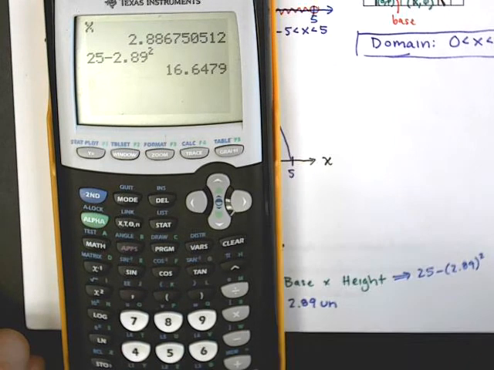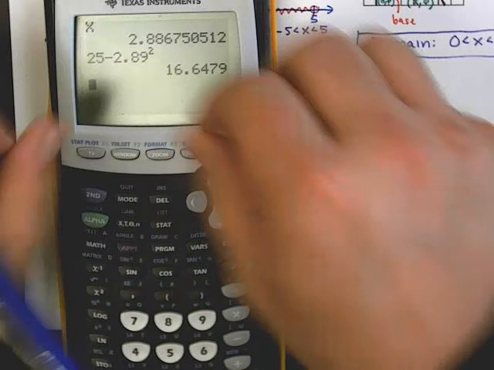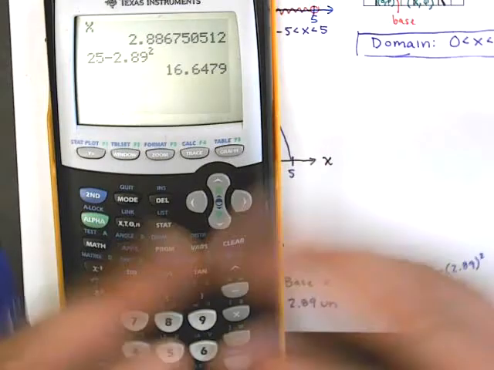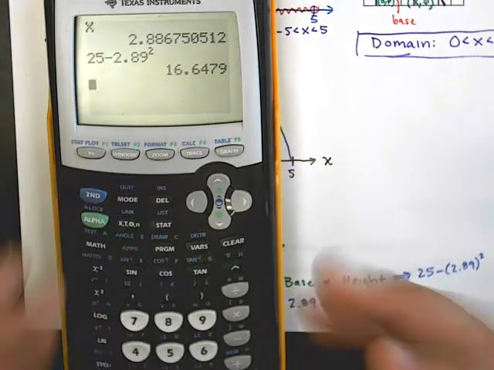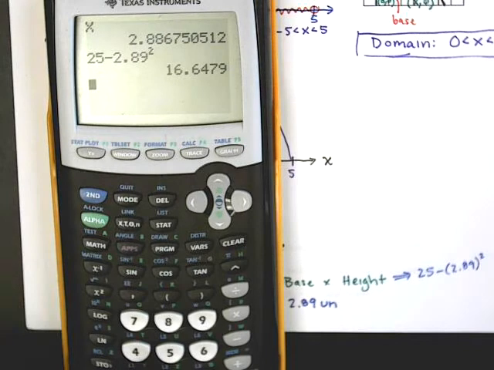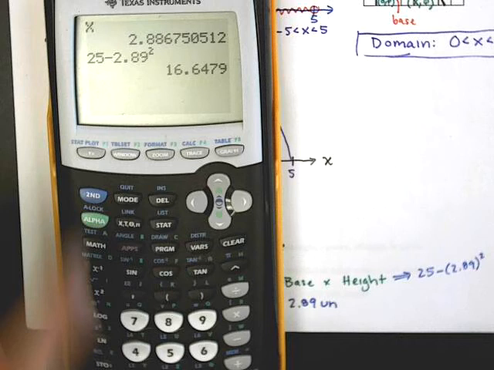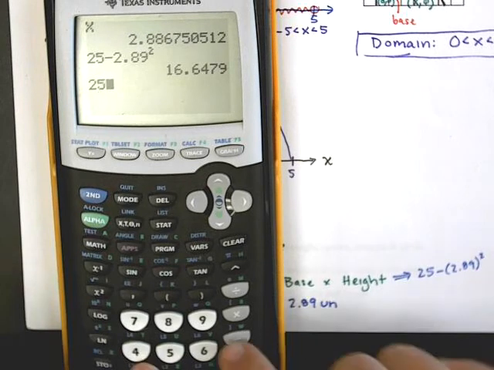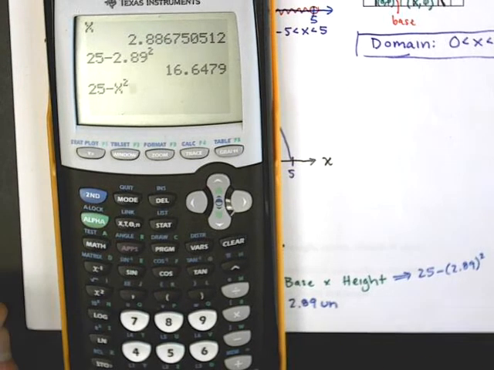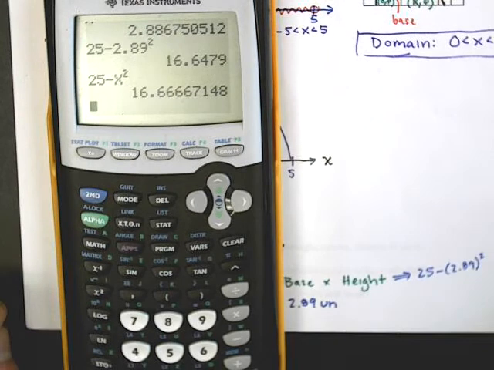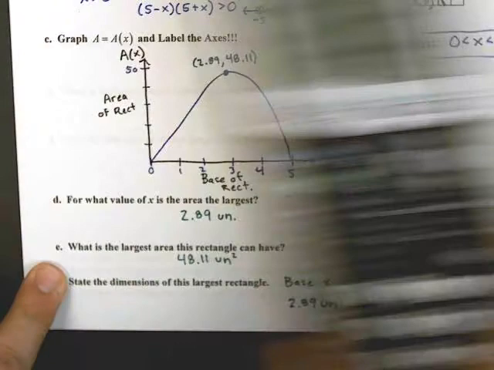Why? That's rounded. We rounded that, and when you square it, it compounds your error. It makes the error even greater. So what we're going to do is use that feature. We know that x is still 2.88 blah, blah, blah. So 25 minus x squared, 16.67. All right?